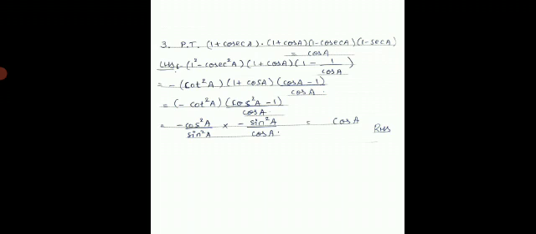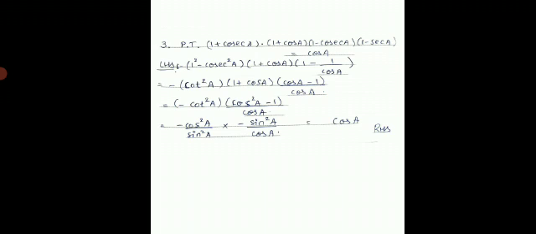Then 1 plus cos A in the second bracket. Then in the third bracket take the LCM as cos A. Then multiply cos A into 1 in the numerator, minus 1. Now here write minus cot square of A as it is.